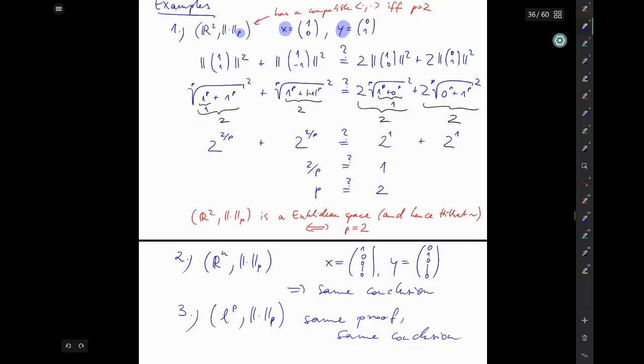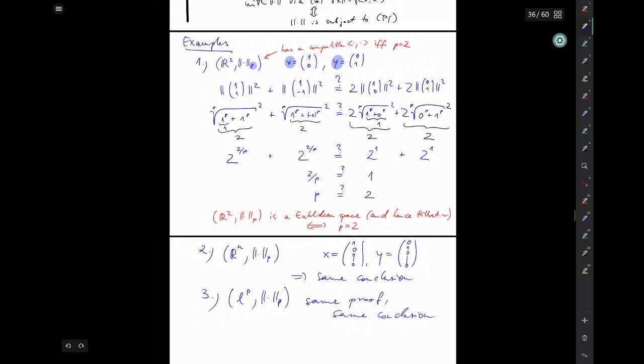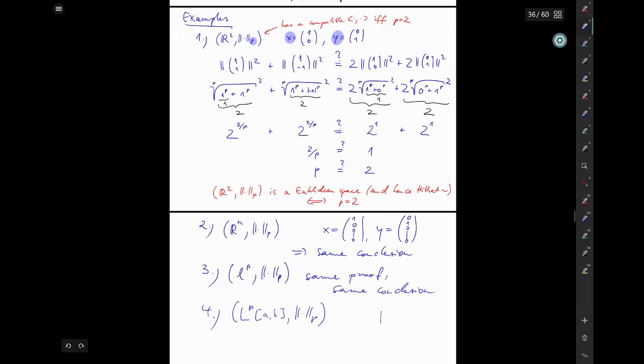And we can carry on even further. You could take, as a fourth example, capital Lp functions on some interval ab and equip them with a p norm. And you have the same proof, same conclusion.